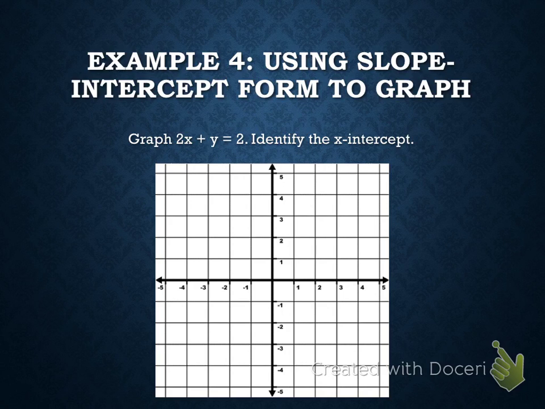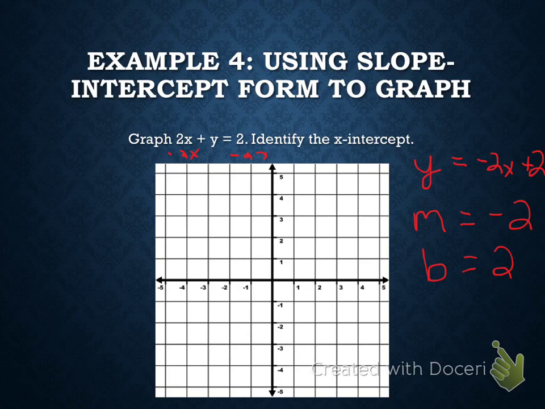If I put it in slope-intercept form, I'm going to have y equals negative 2x plus 2, because I subtracted 2x from both sides to get the y by itself. So this is telling me that my slope is negative 2 and my y-intercept is 2.